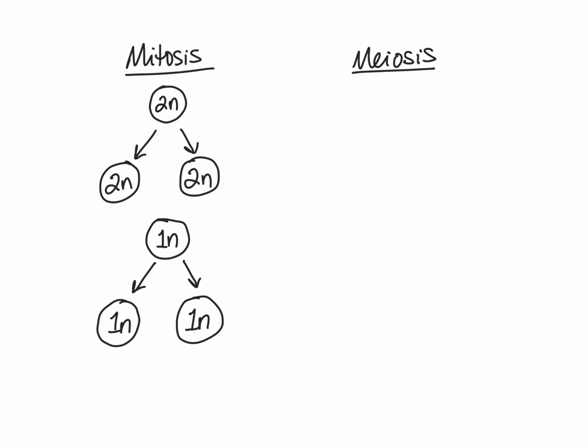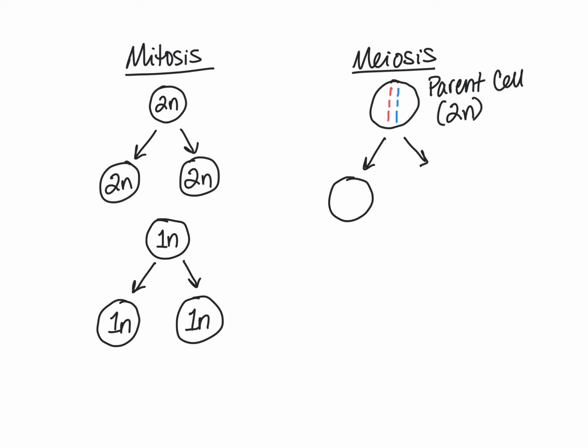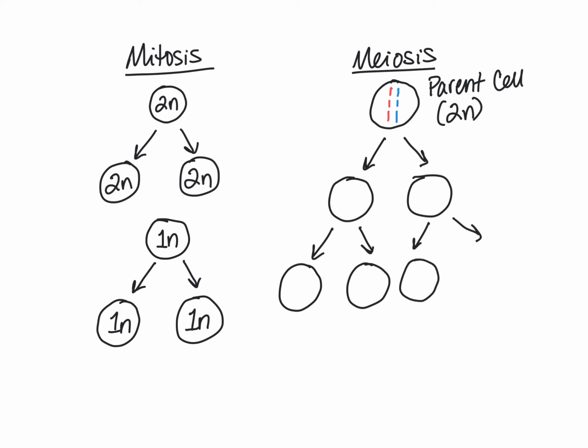In meiosis, this is different. In meiosis, the parent cell is always diploid. And then in meiosis, there are actually two rounds of cell division. So we ultimately end up with 4 daughter cells.